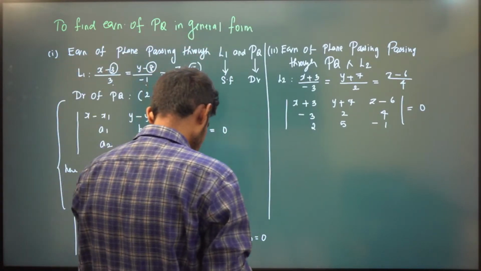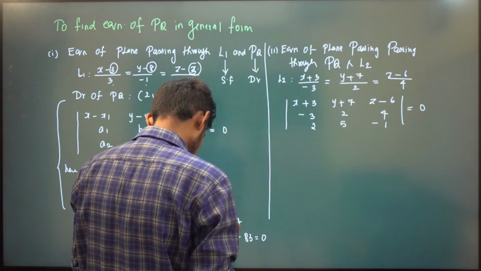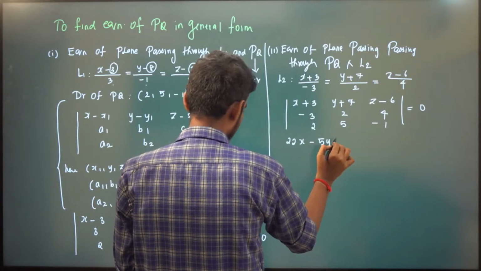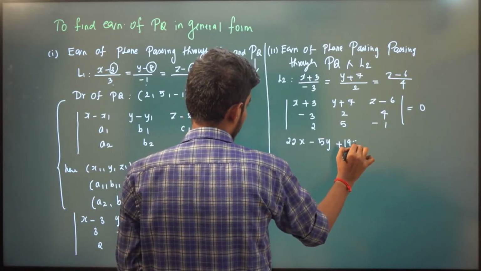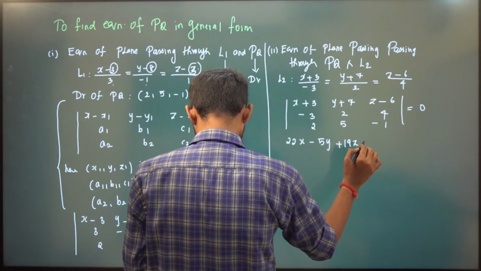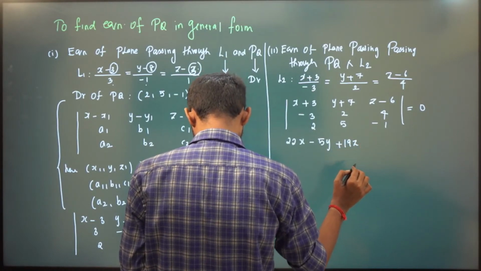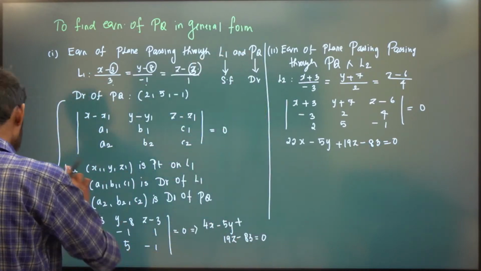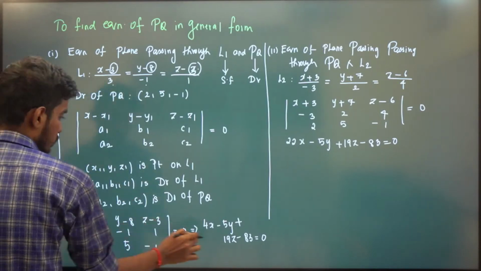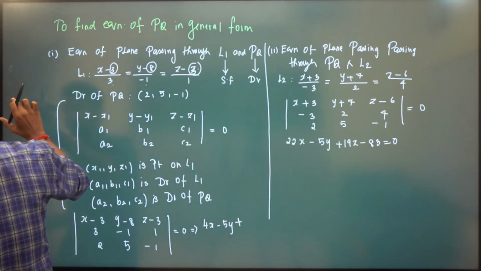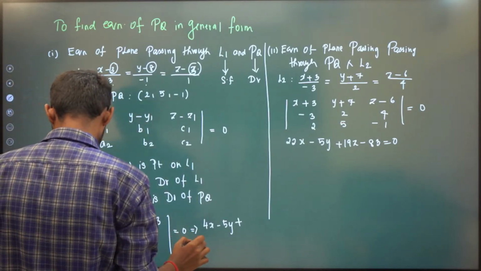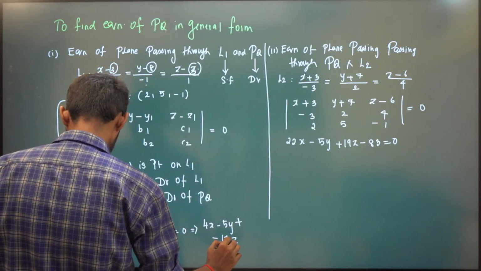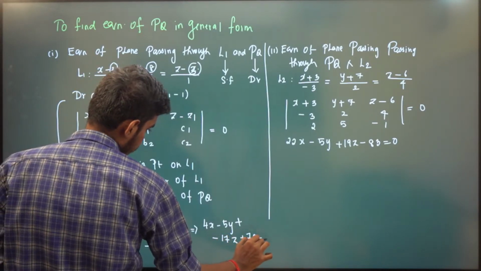So expand this, you will have 4x minus 5y minus 17z plus 79 is equal to 0.